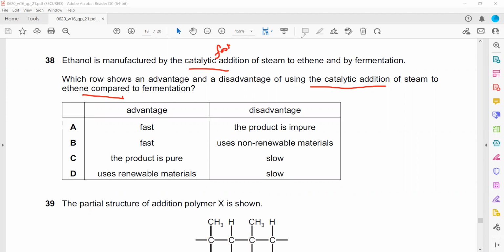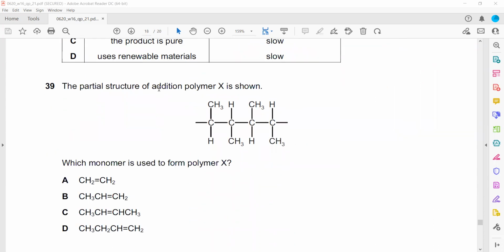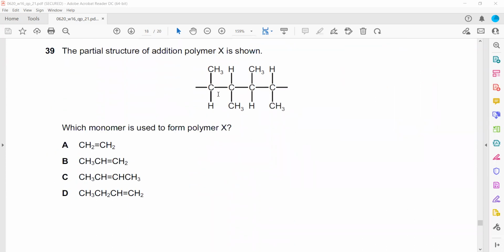A time will come when we'll run out of these sources. Ethene is non-renewable, so B is the right answer: the reaction is fast but uses non-renewable materials, material which cannot be used up again, or limited supply is there.